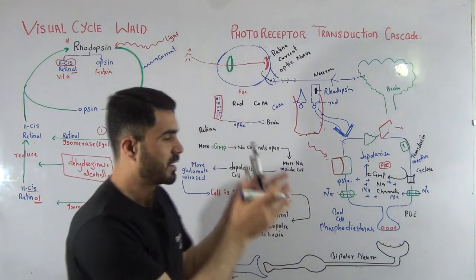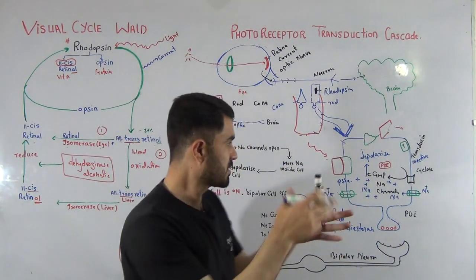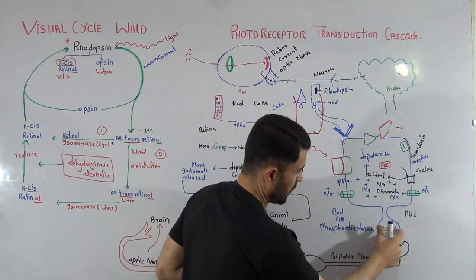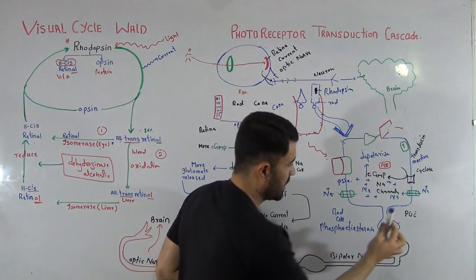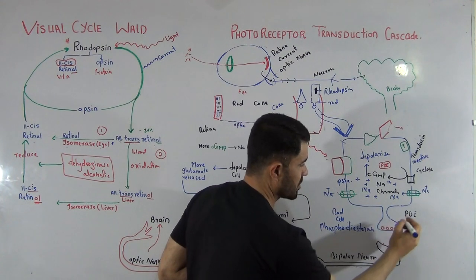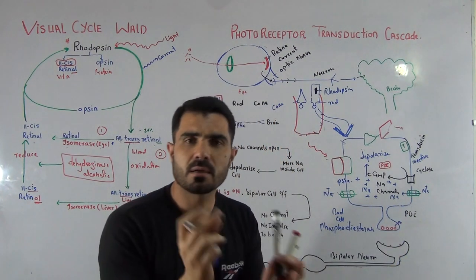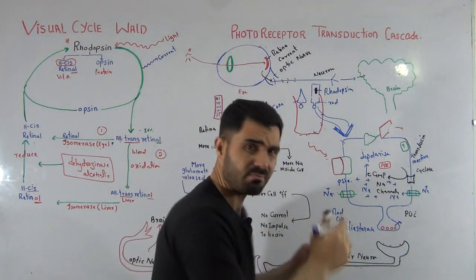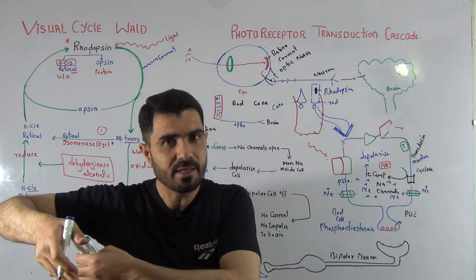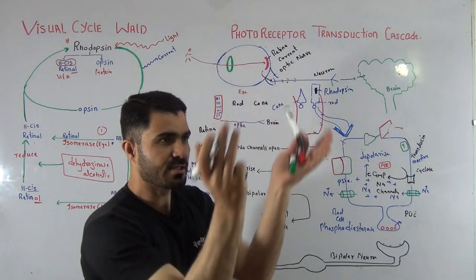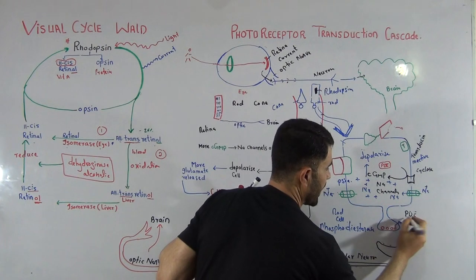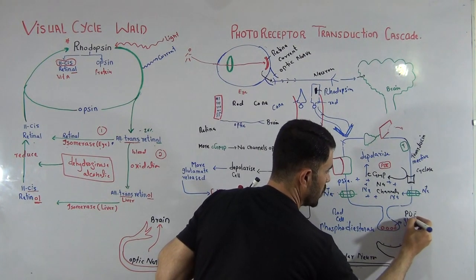In this state, what happens here? You can see a knob-like structure. Here there are small sac-like structures where another special neurotransmitter is present. Just like acetylcholine, which is present in sac-like vesicles, here we have glutamate.